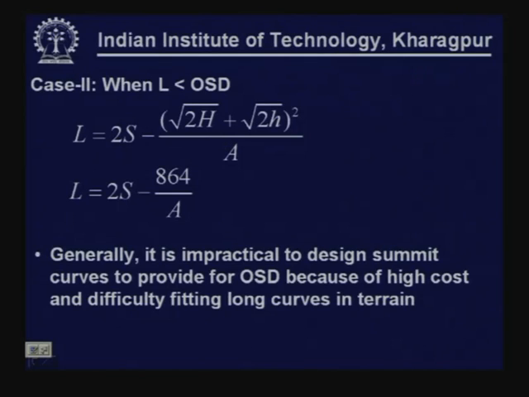Accordingly, values are to be provided, but generally it is found that if the length is to be designed to provide adequate overtaking sight distance, the length requirement is much higher. So, it is not practical to design summit vertical curves to provide required overtaking sight distance. In most cases this is not designed for. So, only satisfying the requirement of SSD may be adequate.